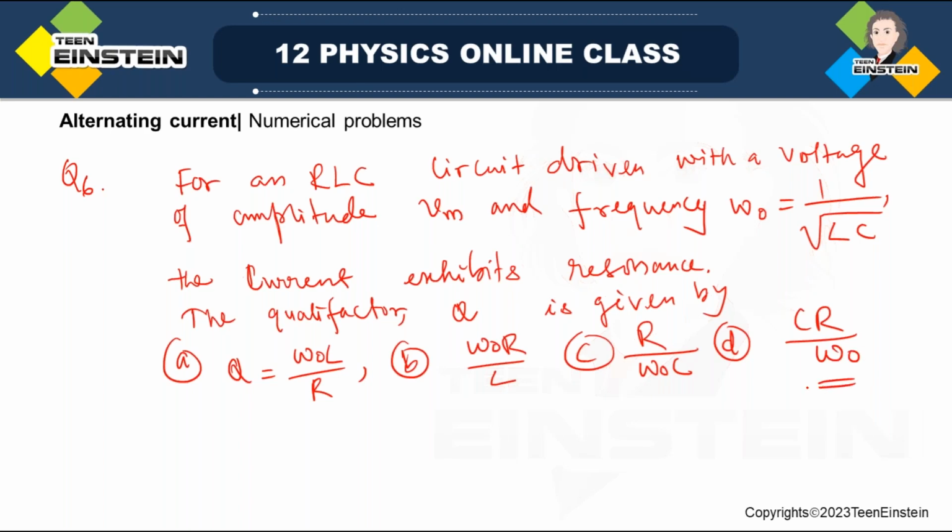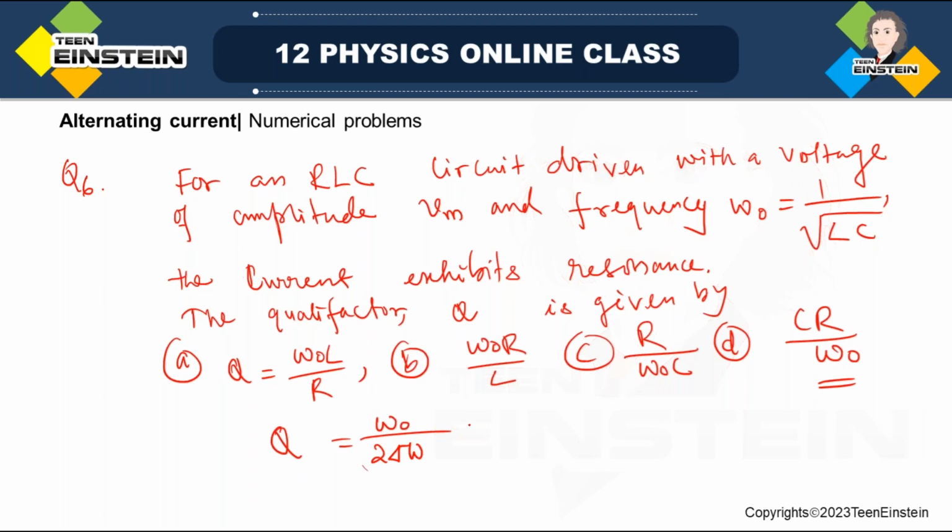So how to solve this question? You should remember the various equations related to the quality factor. Q is equal to omega 0, the resonant frequency at which resonance occurs, divided by the bandwidth 2 delta omega.